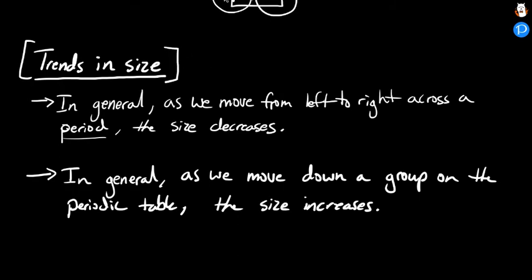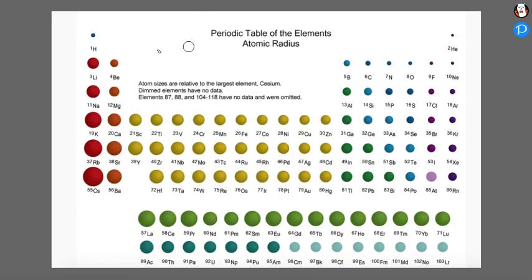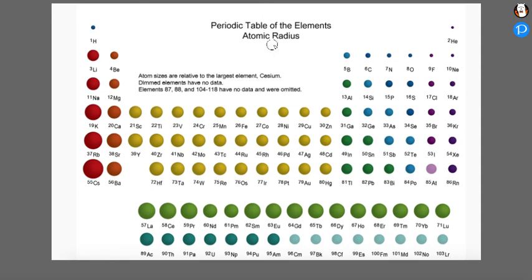In fact, I forgot to even show this right here. This is the periodic table showing the atomic radii. Here's the entire periodic table, and it's showing you the actual relative sizes of atoms, and we can see that if we just look at moving across this way, they start to get smaller and smaller in general.